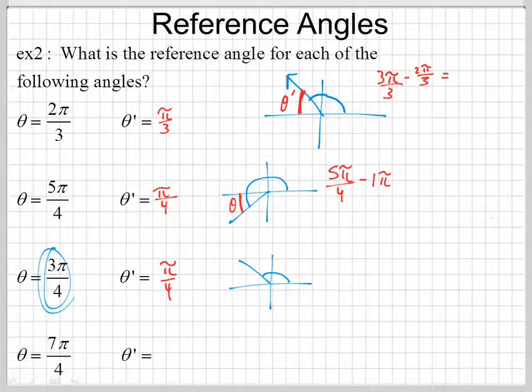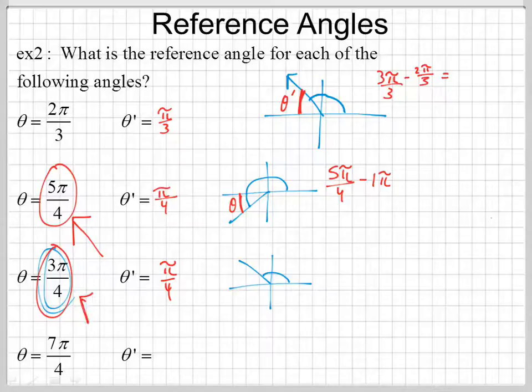You know what's neat is if you take the sine of this and you take the sine of this, these answers will be very similar to what you would get if you plug in pi over 4. The only difference is that these are both in the second quadrant, and sine is positive in the second quadrant, which we're going to talk about in a second.